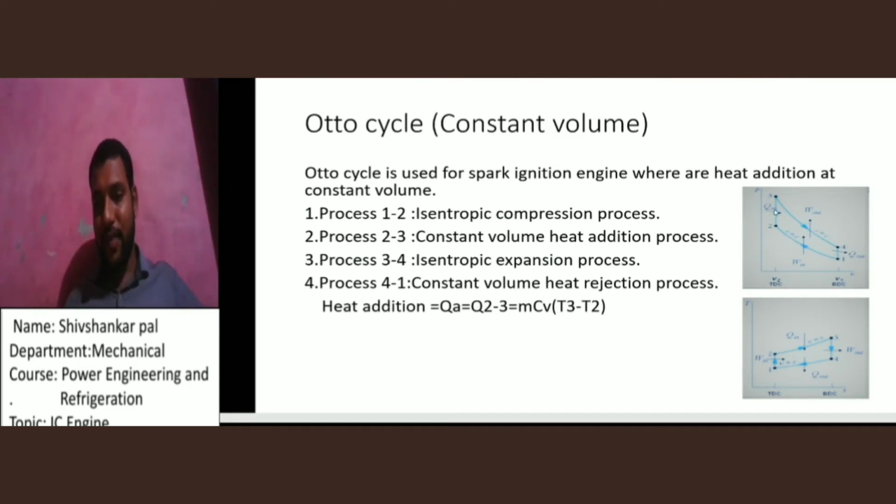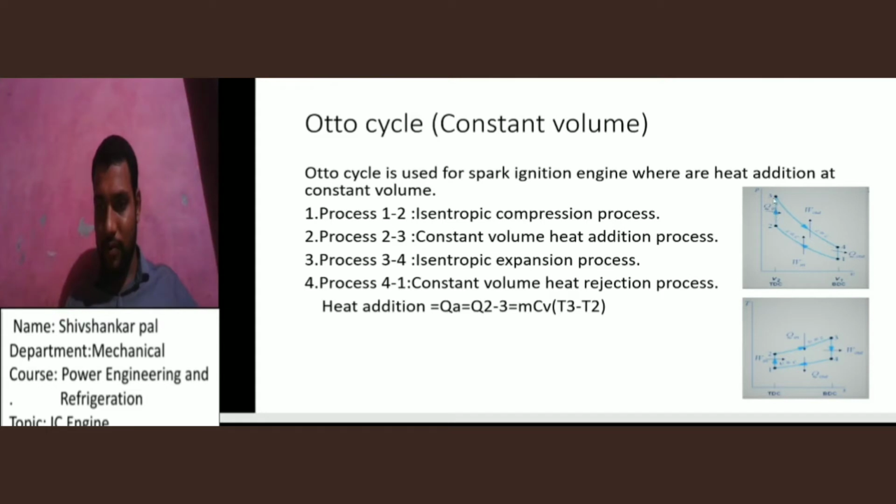So what is the heat addition? Q equals QA, where Q means heat and A stands for addition. The heat addition occurs in the 2 to 3 process.